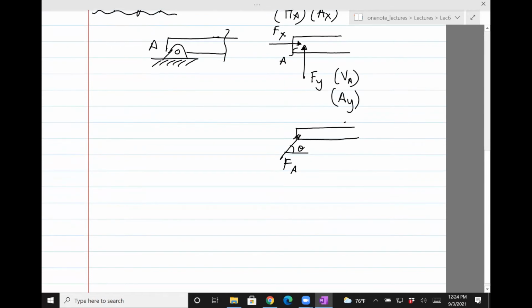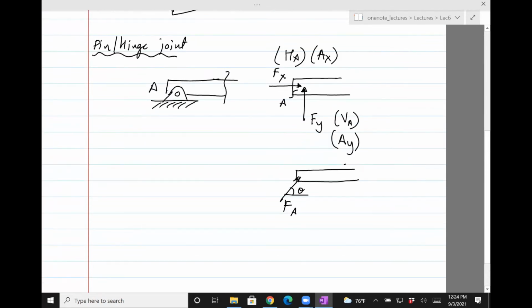By the way, why are there two forces and no moment? It's because a pin joint resists motion in the horizontal and vertical directions, but it does not resist any rotation. That's why the moment in the plane is zero.